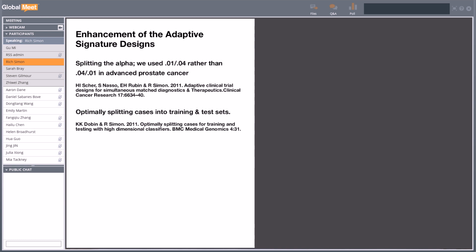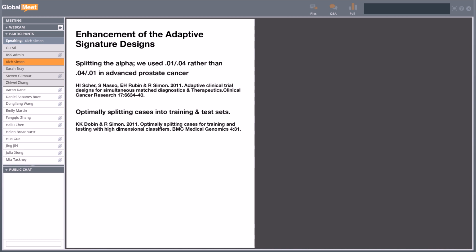I will point out that although in the original publication we were suggesting using 0.04 for the overall average treatment effect and 0.01 for the subset effect, when we actually went to plan a trial using the adaptive signature design, and I've cited a reference in which we discussed that in advanced prostate cancer, we found that split was just the opposite of what we needed, where the data was getting very thin for doing the subset analysis.